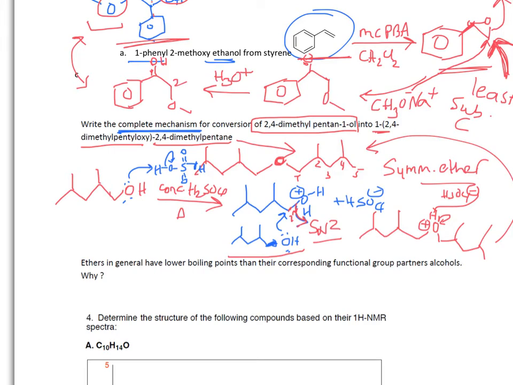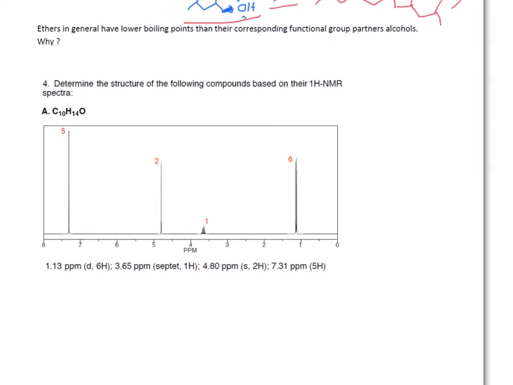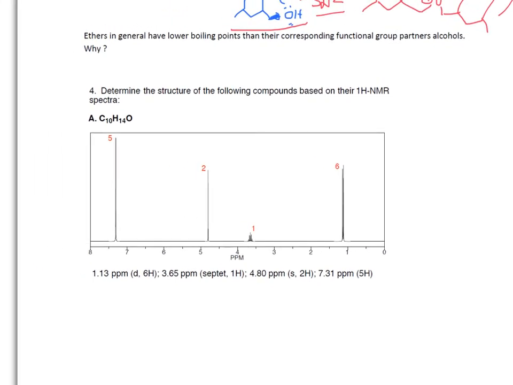Okay, the question is, ethers in general have lower boiling points than their corresponding functional group partners, alcohols. And that's a question we've discussed umpteen number of times. Ethers only suffer from dipole-dipole forces of interaction, whereas alcohols have hydrogen bonding.